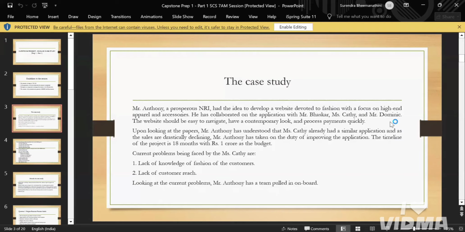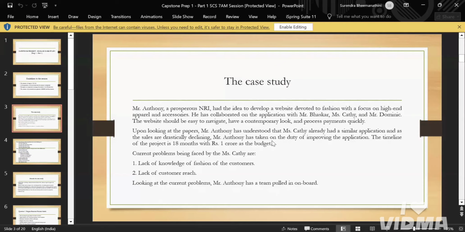So here you will be acting as a BA. You need to take this challenge of how to improve this application. You need to be like a BA and understand the case study. Whatever I have told till now: Mr. Anthony wants to develop one website, but Miss Kathy already has a similar website, so you want to improve that website.